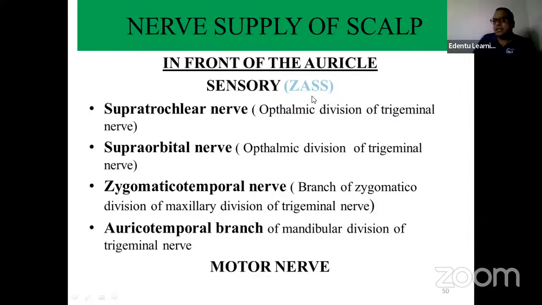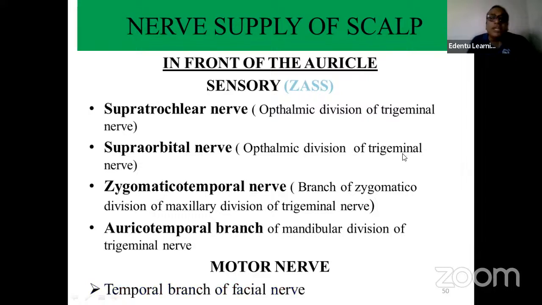Z for zygomaticotemporal nerve, A for auriculotemporal nerve, S for supraorbital nerve, and another S for supratrochlear nerve. These are sensory innervations. And the motor innervation is by the temporal branch of facial nerve.